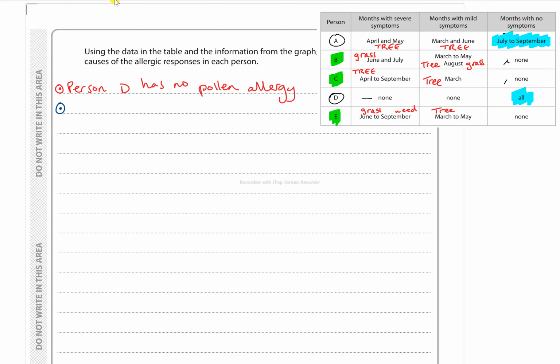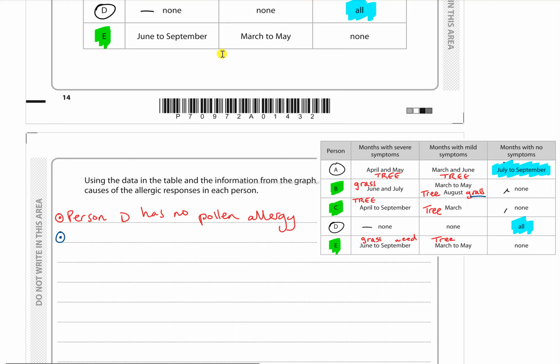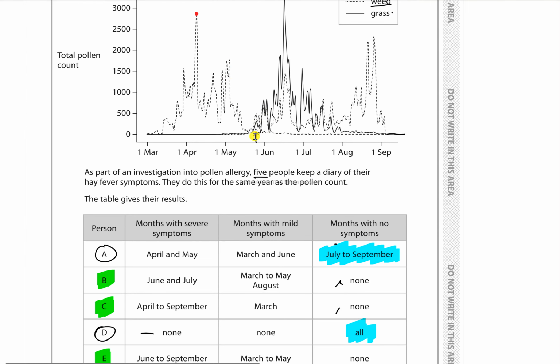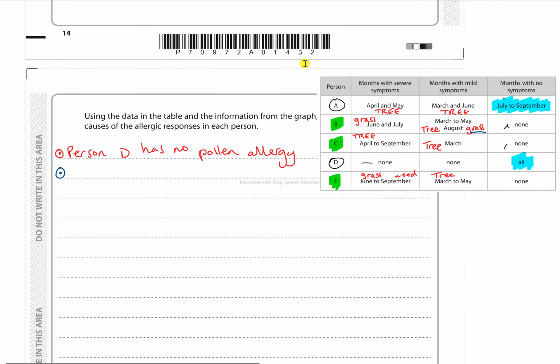Person B, yeah, tree and, right, let's have a look. March, April, May. Which is weed? Weed is there. March, April, May. Weed, yeah, it's weed. I put grass.